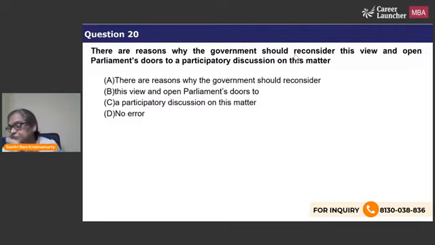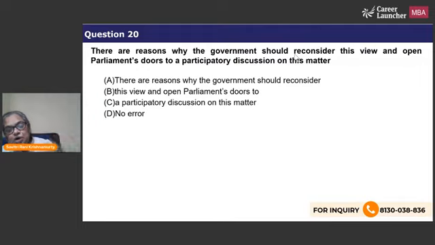There are reasons why the government should reconsider this view and open Parliament's doors to a participatory discussion on this matter. No error. Why B? So let's have taken it from the middle of a passage.